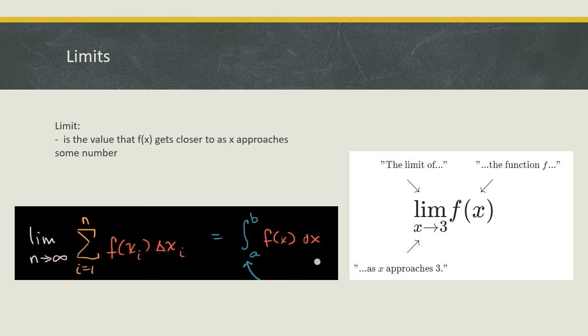As you can see on the left, that certain number is infinity. So we are solving for the number f of x gets closer to as x approaches, or rather n in this question, approaches infinity. And as we can see on the right, the limit of f of x as x approaches 3.